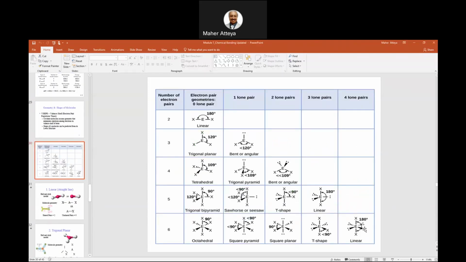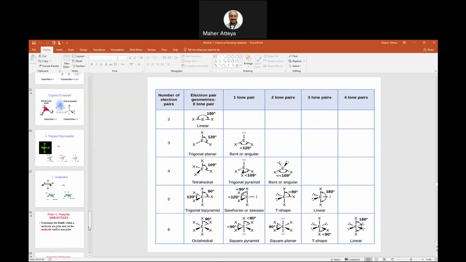We replaced all of them, four, not three, four of them out, except two, that will be linear. If you replace three, that will be T-shape, correct? If you replace just two, square planar, you replace one, the square pyramid. As I said, six, you can't expect to come, but at least up to the four. So make yourself a note. Those up to the four zones are heavily covered through the past. Okay, guys.